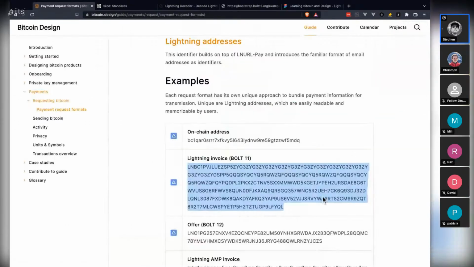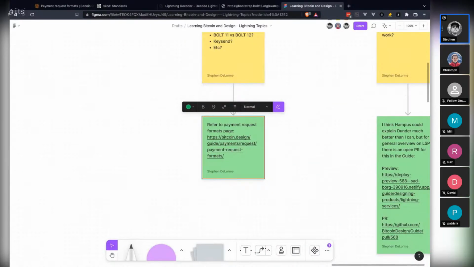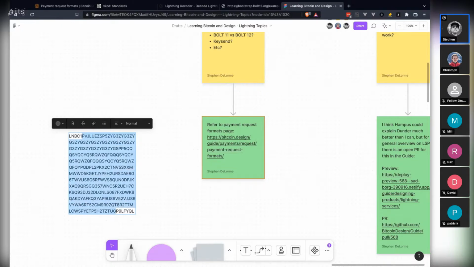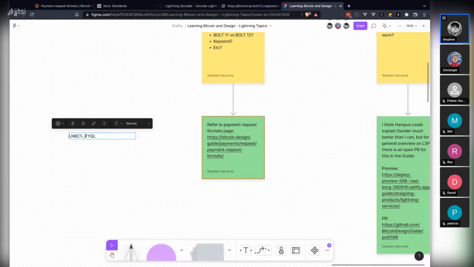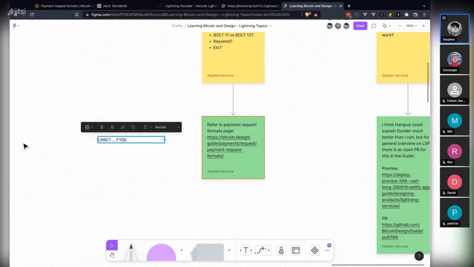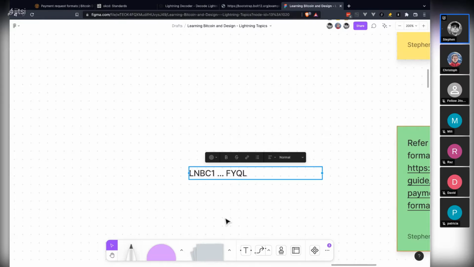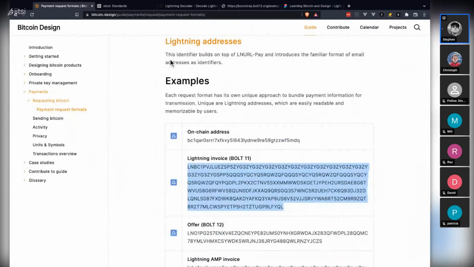The ultimate scenario, I think, is that the user never sees this, and if they ever do see it, like on the transaction details, you just abbreviate it. That's most of what the user should see. This is all for machines to talk to each other as far as I'm concerned.